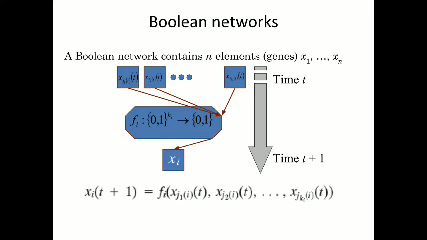So that is to say that the activity of the ith gene at time t+1 is governed by some Boolean function assigned to gene i as a function of some other genes at time t, at the previous time point, determined by the wiring diagram.